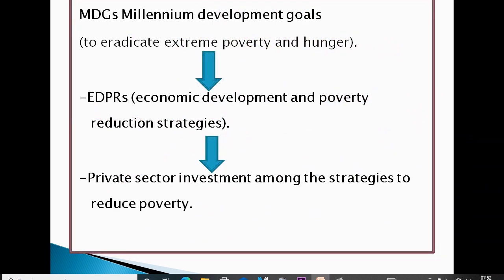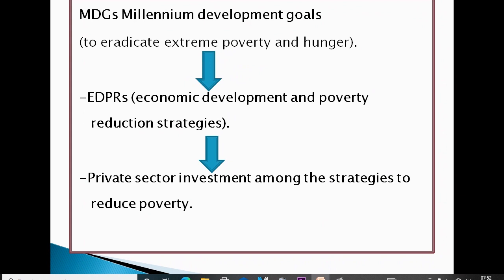So the researcher can also go far and show how different strategies were adopted globally and regionally to tackle poverty. For example, in 2000, during the Millennium Development Goals, all countries agreed to eradicate extreme poverty and hunger.